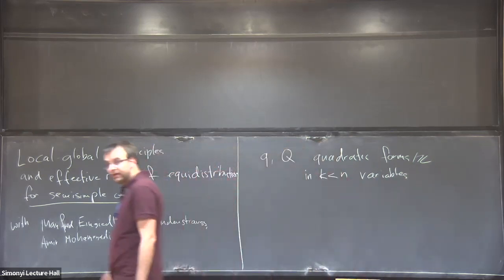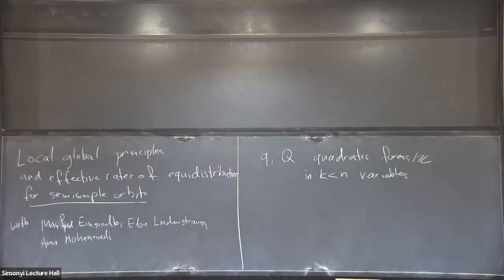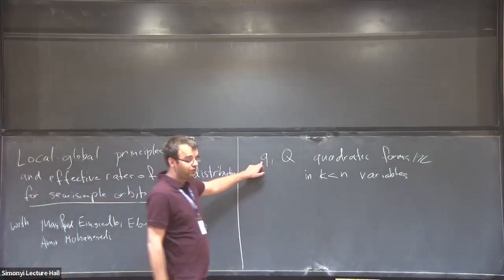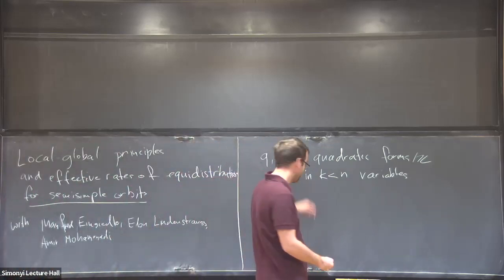And I would like to find a representation of this small quadratic form by the big one. What does it mean?